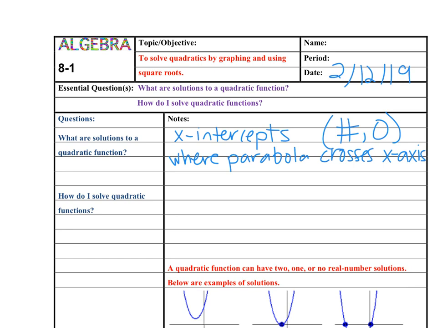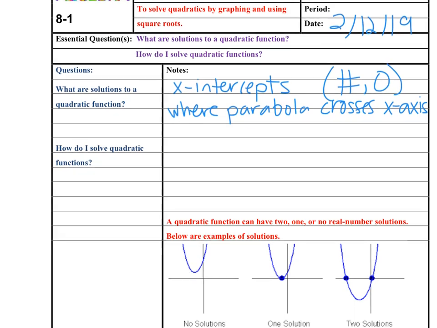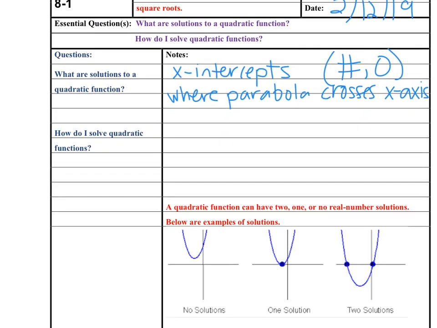So how do I solve quadratic functions? We have several ways. Today we're going to do two. We are going to solve by graphing, and we are going to solve by the square root method, or by square roots. So those are today. In our future, we will solve by factoring. So we have factored before, but we haven't gone ahead and solved with factoring. We will do that.